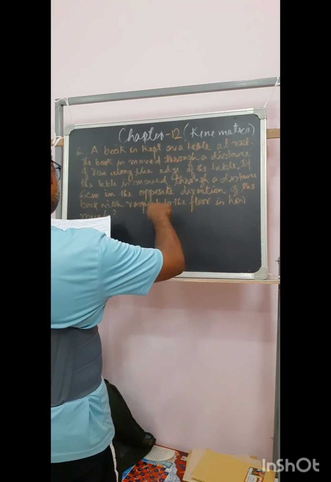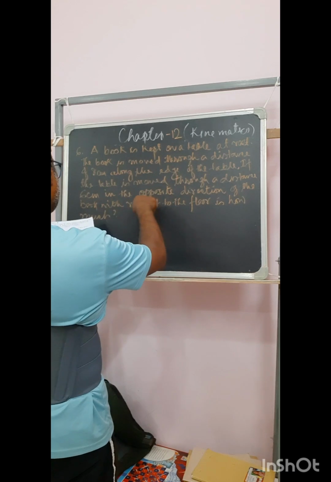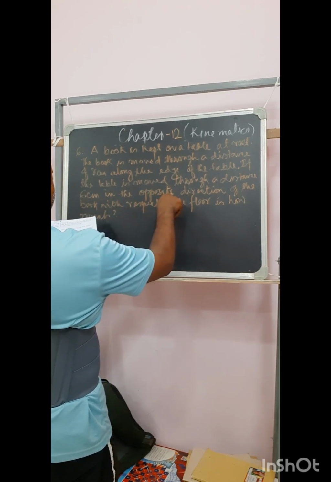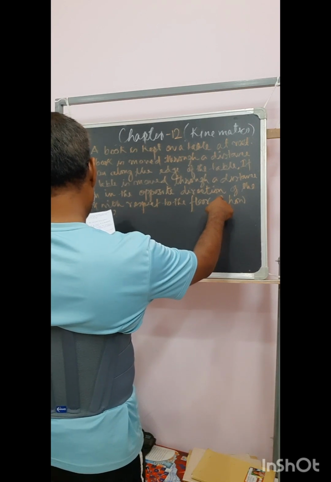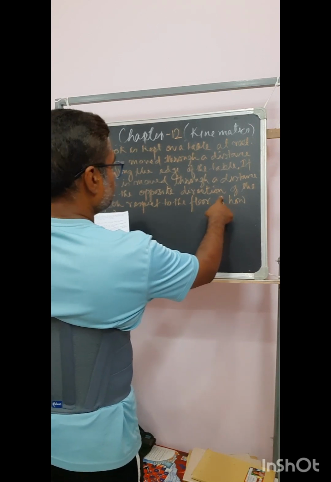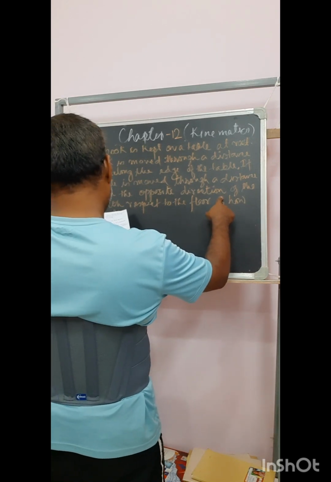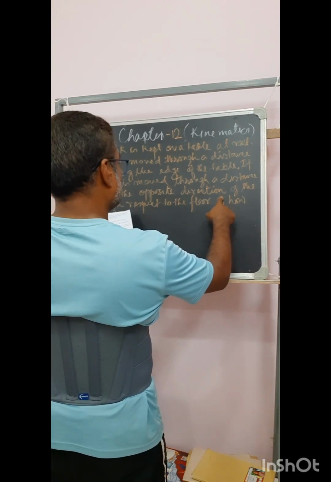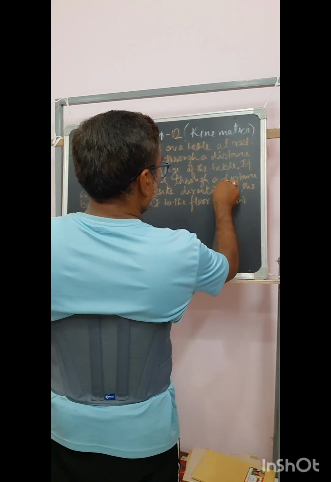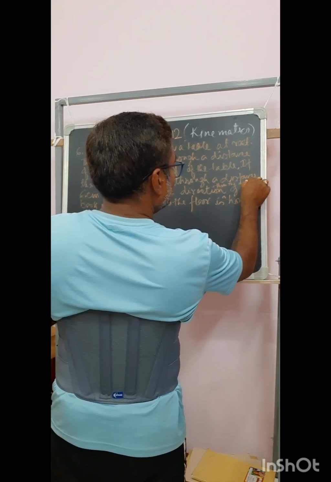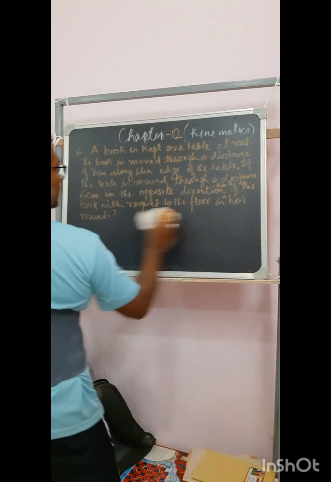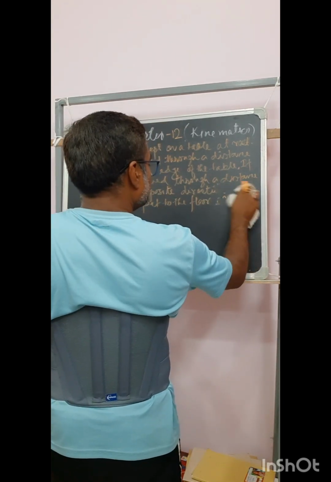If the table is moved through a distance of 6 centimeter in the opposite direction, then the displacement of the book. Oh, I forgot to write "then the". Let me write it again.